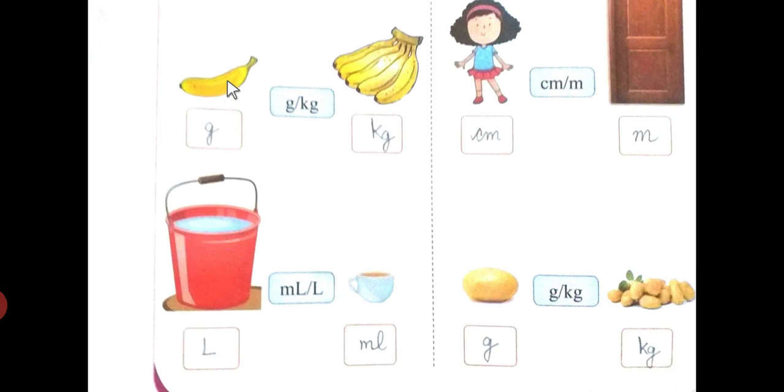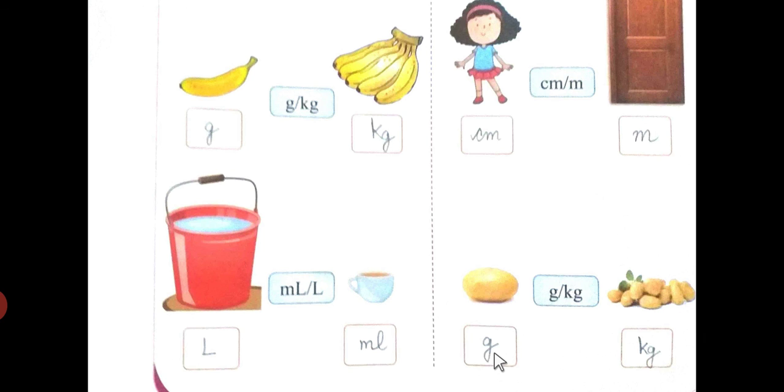One banana can be measured with gram, and the whole bunch of bananas can be measured with kilogram. The girl can be measured with centimeters, and the door is measured with meters. The bucket full of water is measured with liters, and the cup of tea can be measured with milliliters.